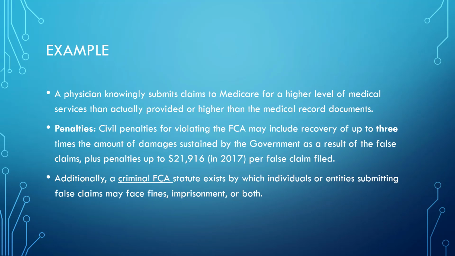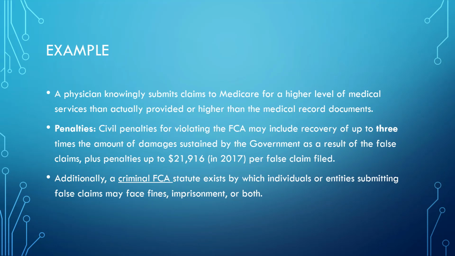If you are hit with a False Claims Act suit, your penalties can be up to 3 times the amount of damage as a result of the false claims. So if the claim was for $1,000, it can go up to $3,000, plus up to $21,916 in 2017 per false claim filed.